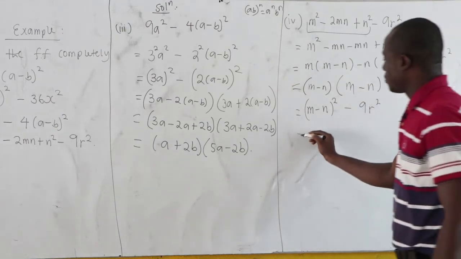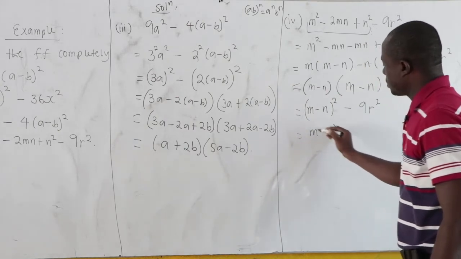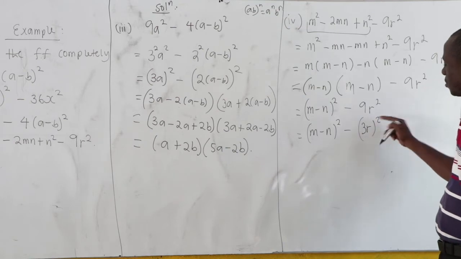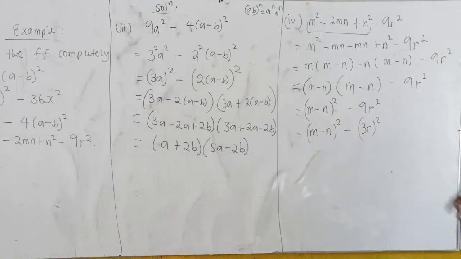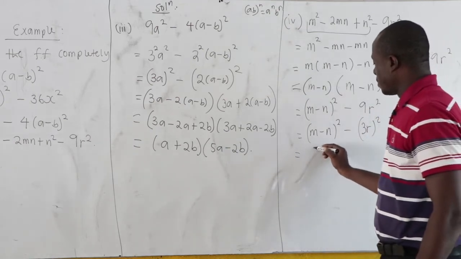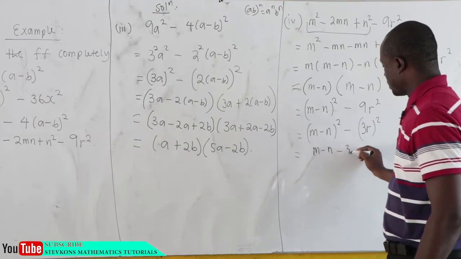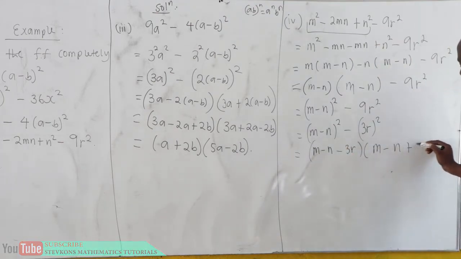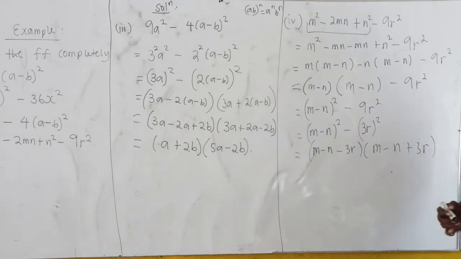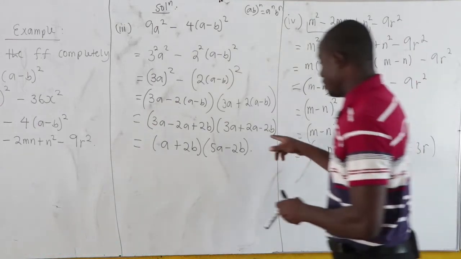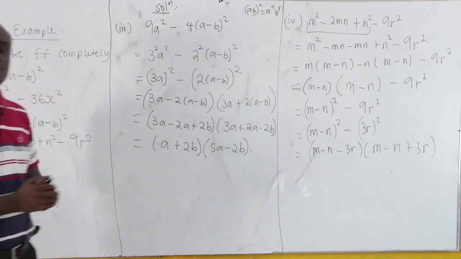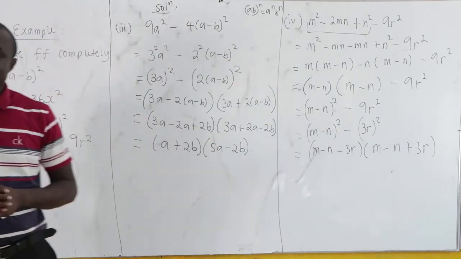We can change this to (m − n)² minus (3r)², 3² r². Then we have (m − n − 3r)(m − n + 3r). And over here there's nothing for us to do. But when you look over here, because we have the a and then a, we have to simplify, but there's nothing for us to simplify.